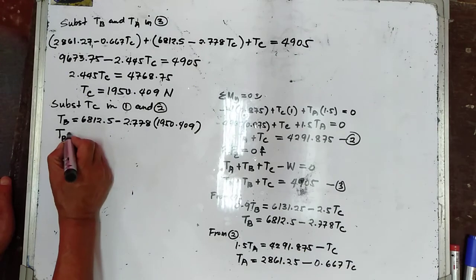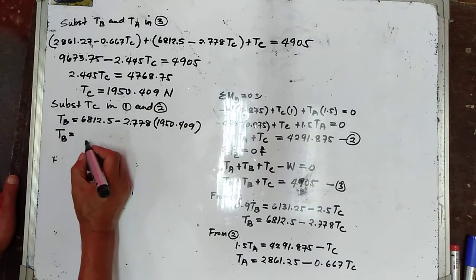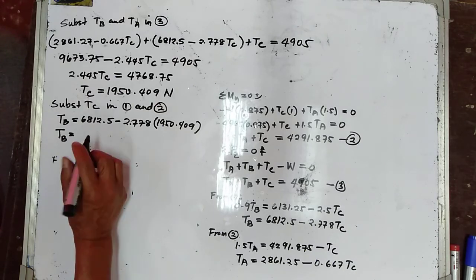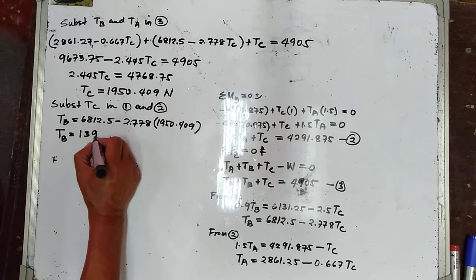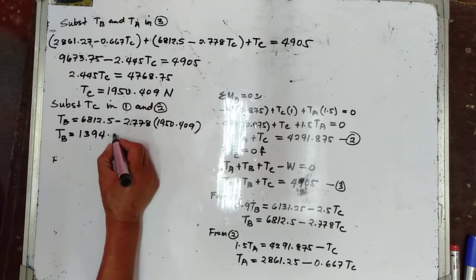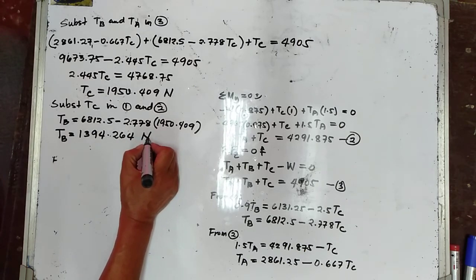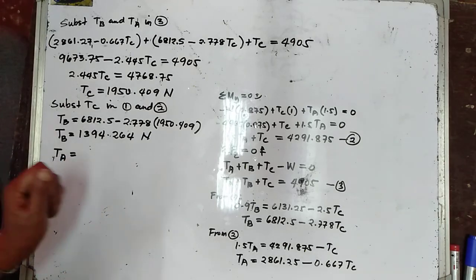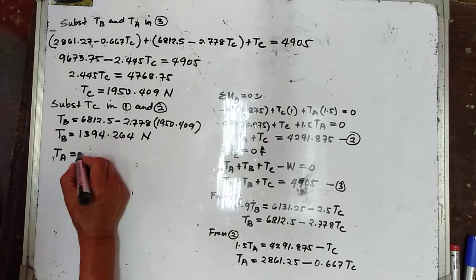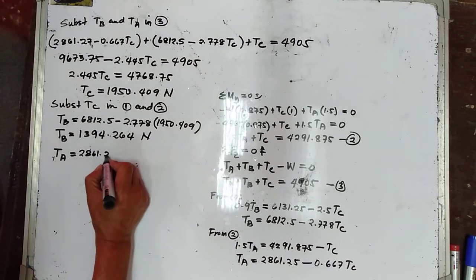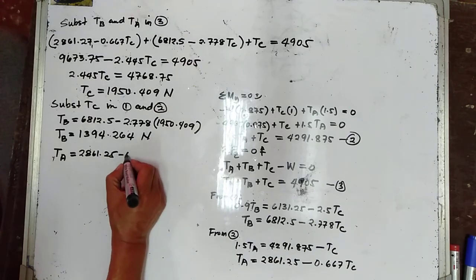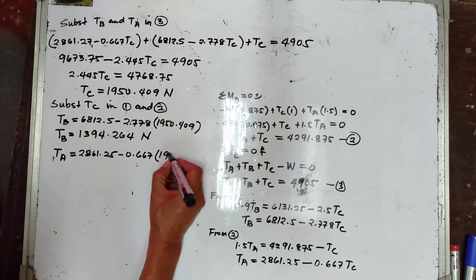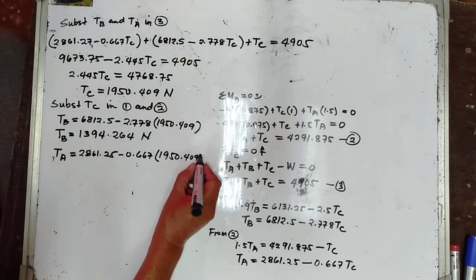Hence, the tension in cable B is 1394.264 newtons. And then we have TA equal to 2861.25 minus 0.667 times 1950.409.